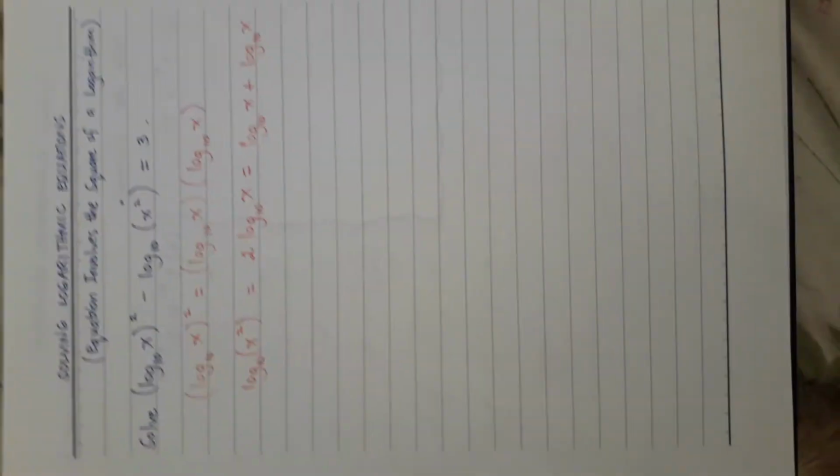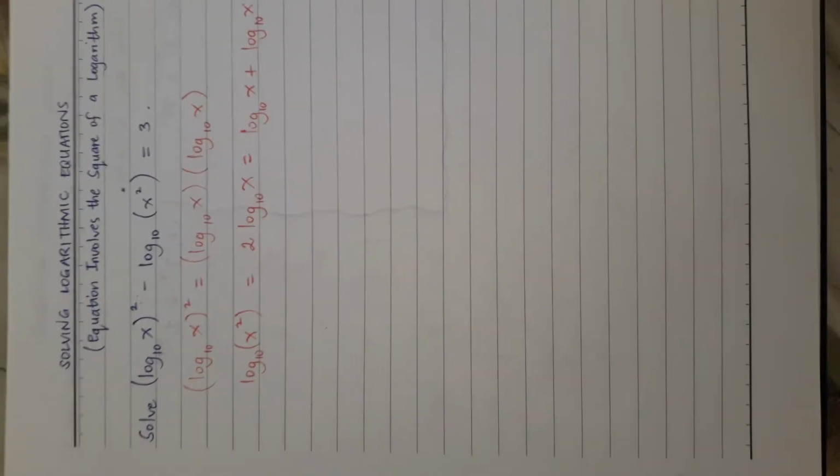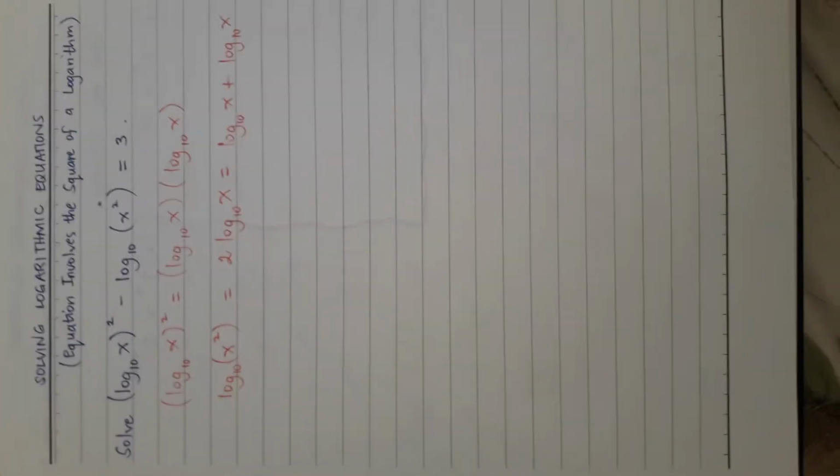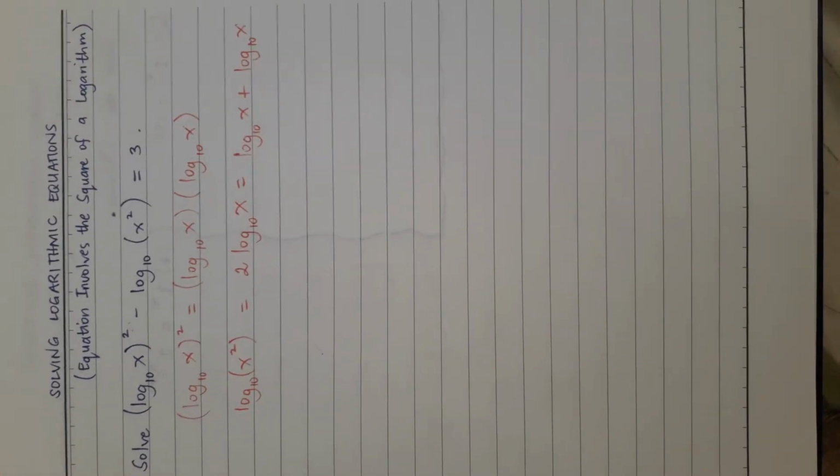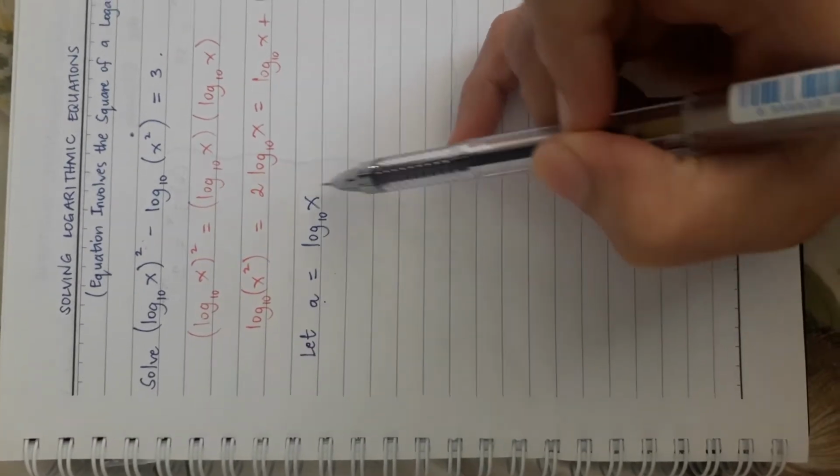Okay. So now, how do we solve equations that involve the square of a logarithm? By using substitution. Let's use the variable a to represent the logarithm of x to the base 10. So we will substitute a to this logarithm.